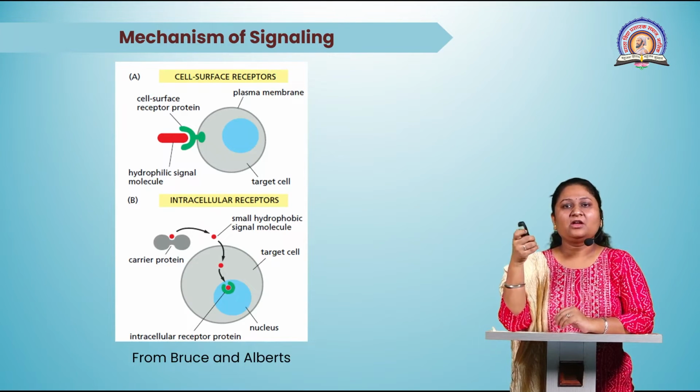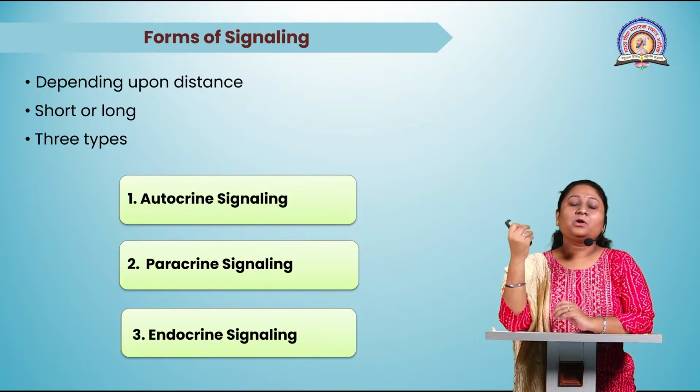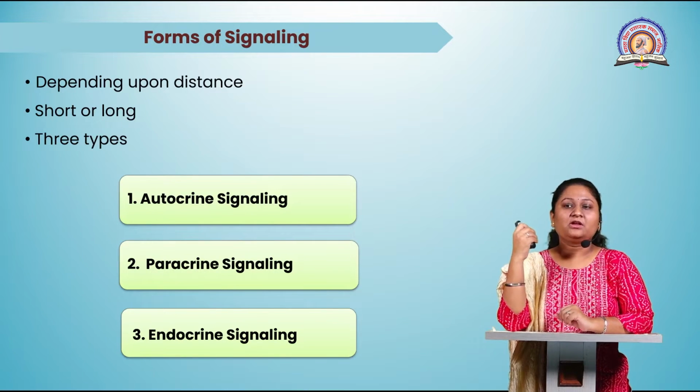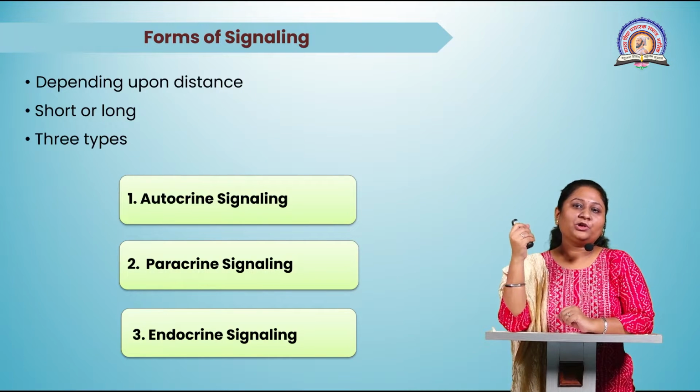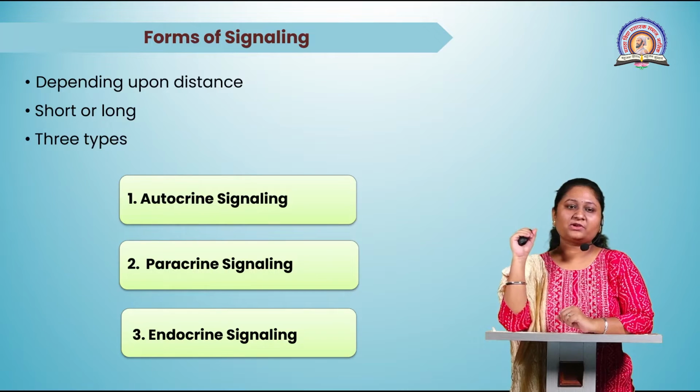Now let us see how there are different forms of signaling based on how the signaling molecule is released. I told you that the signaling molecule can be any molecule which is small in size, it can be hormones, proteins or enzymes.